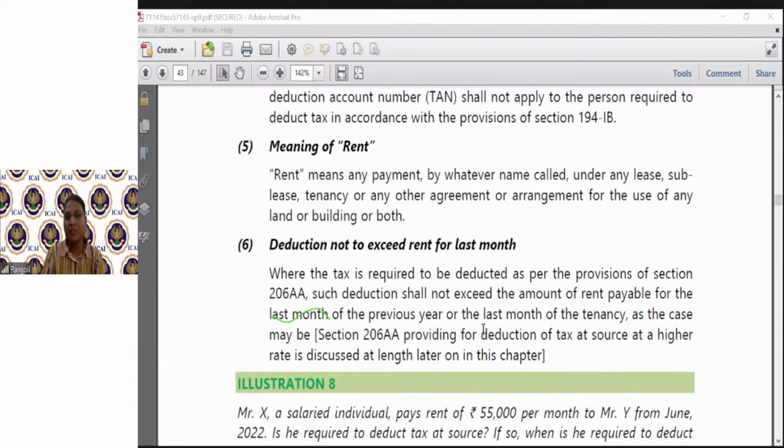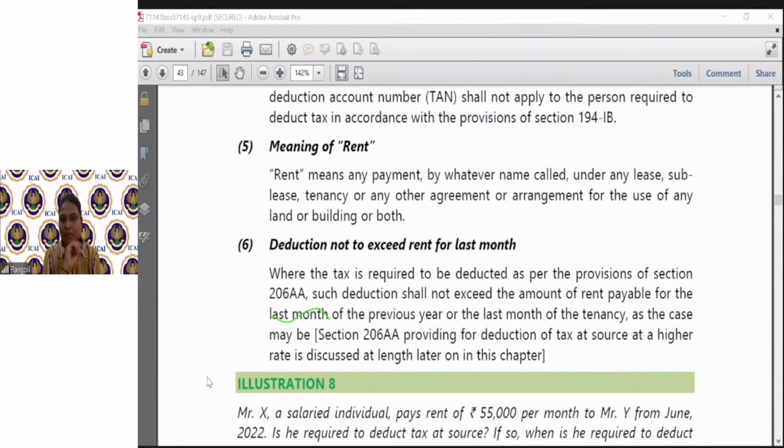Mr. Y needs to provide his PAN to Mr. X. If Mr. Y has not provided his PAN to Mr. X, then Mr. X will deduct TDS at a higher rate, that is higher of 3.